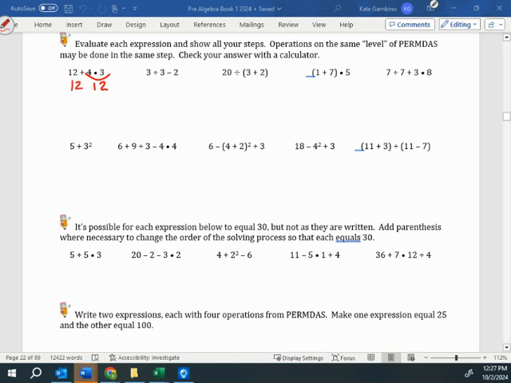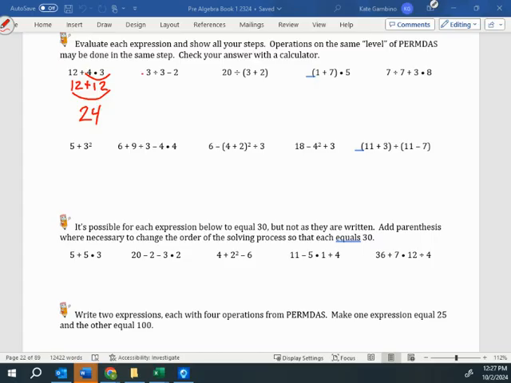I'm going to bring down the rest of my expression. And now I have a new expression, 12 plus 12. I know that is 24. I want to see you doing every step. I don't want you doing mental math and just giving me an answer. I want to see you bringing that expression down for the parts that stay the same.